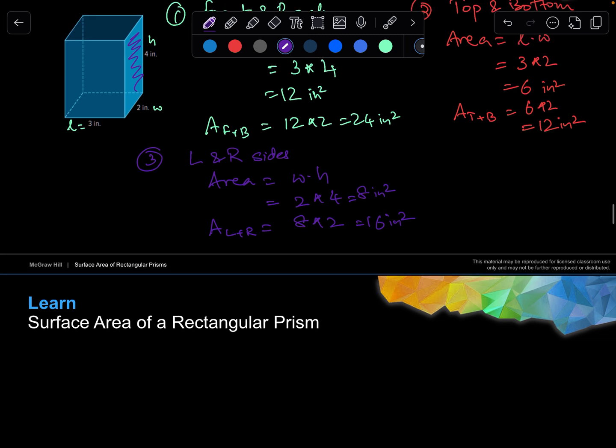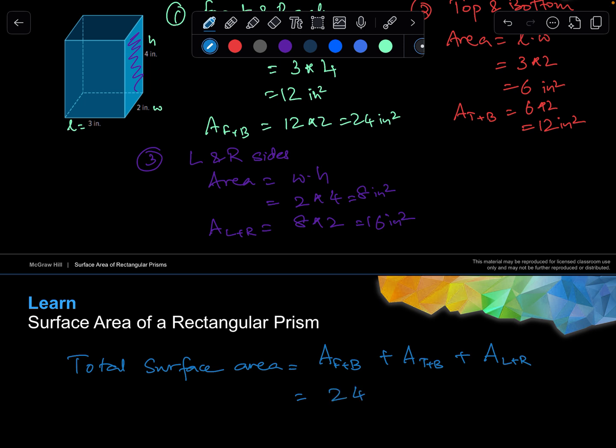Now when I do my total surface area, it is going to be equal to the area of front and back plus the area of top and bottom plus the area of left and right, because I've already added the sets of congruent sides.